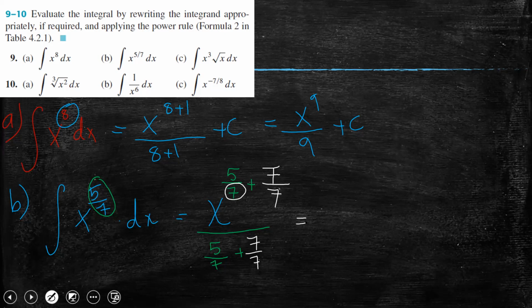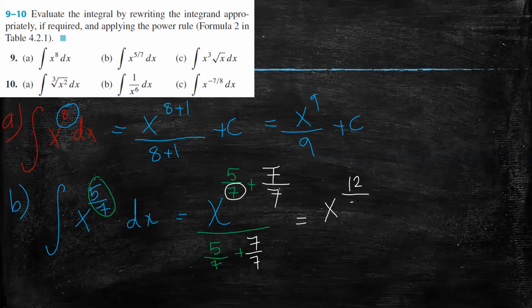Then after that, I will add the two fractions since we have the same denominator. 5 plus 7 is 12 over 7, without x. Plus c.